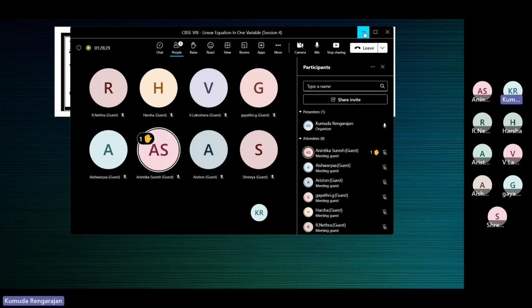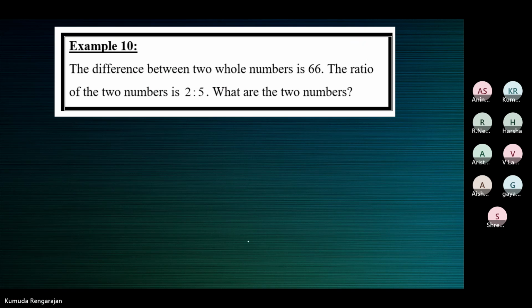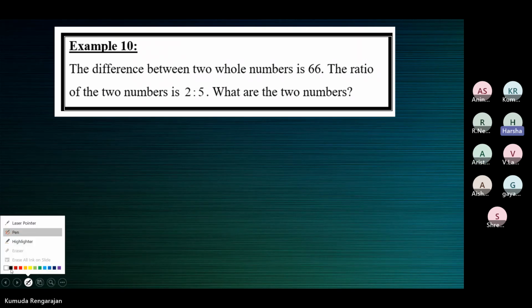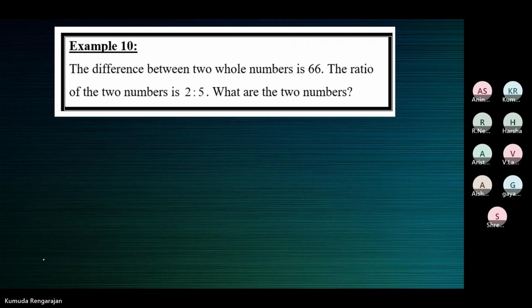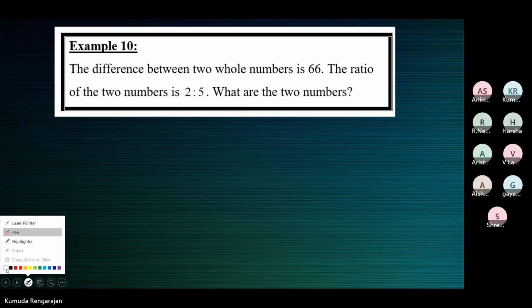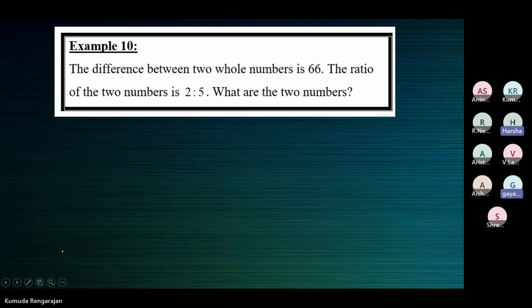Yeah, what are the two numbers, children? 44 and 110, ma'am. Harsha, is it? Yes, ma'am. Yeah, read out from your book.